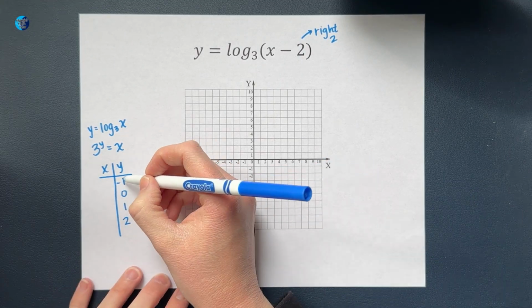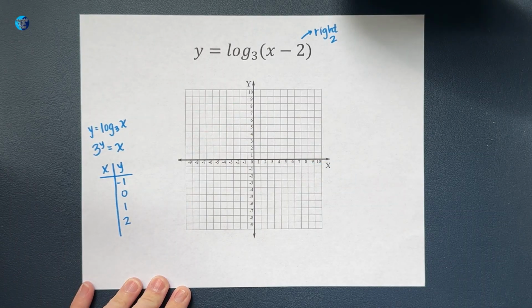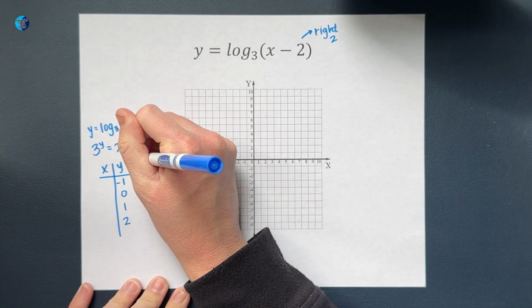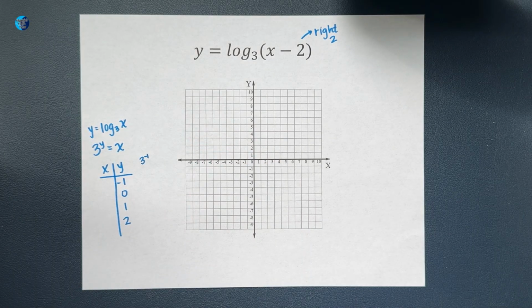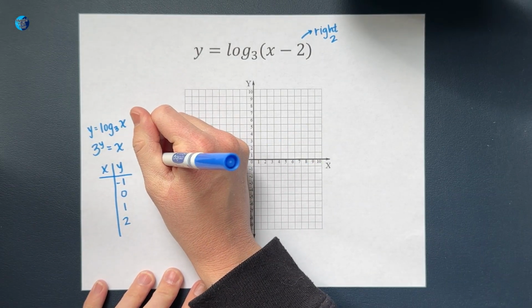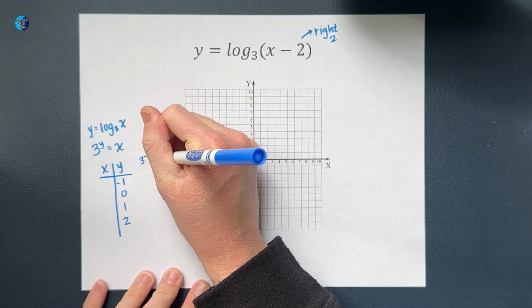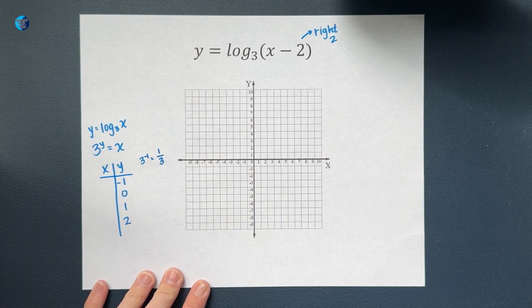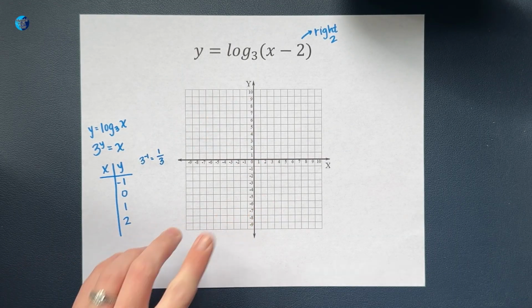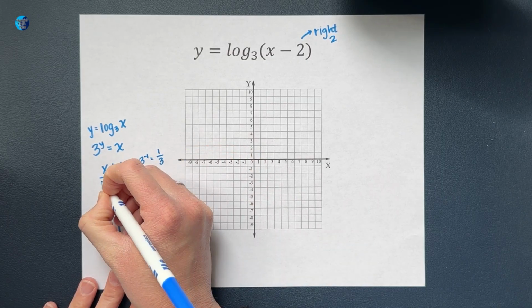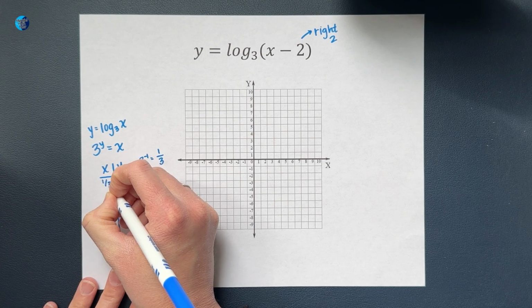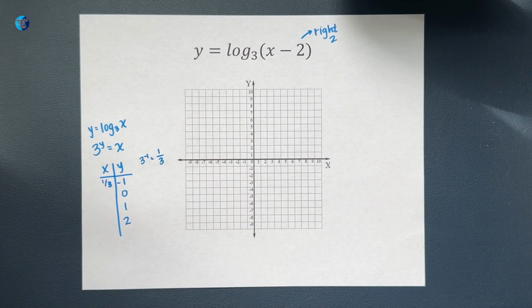So if I plug in -1 for y, I'm going to have 3 to the power of -1. Now, whenever I have a negative exponent, we just drop it down to the denominator. So it'll be 1 over 3. If that felt crazy, I'll link a video in the corner explaining why. So when I plugged in -1 for y, I got 1/3 for x.